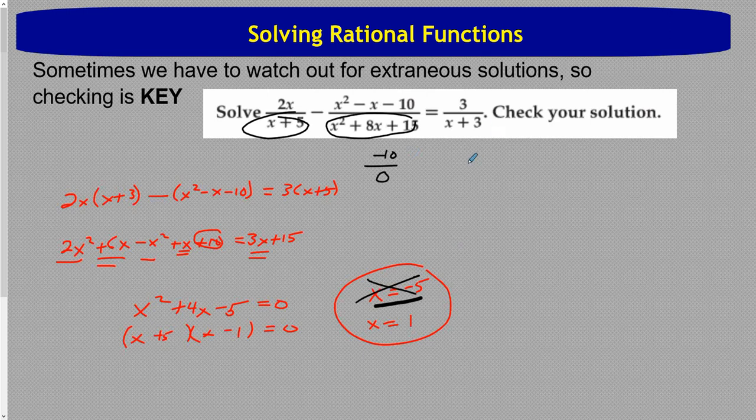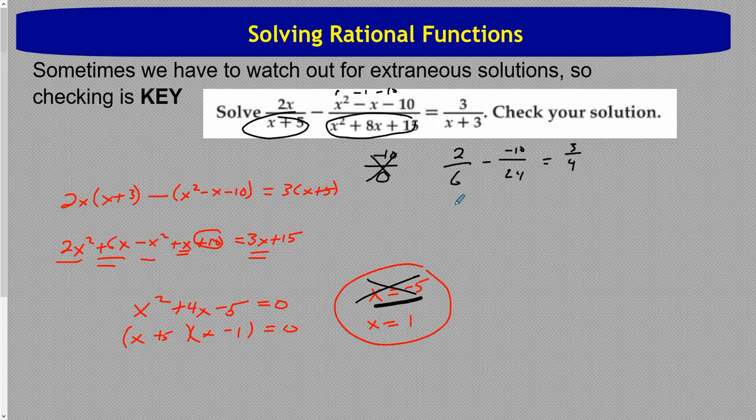If I plug in a 1, we're going to end up with 2 over 6. That looks okay. Minus, let's see, 1 minus 1 minus 10. It'll be negative 10 on top, divided by 1 plus 8 plus 15. 9 plus 15, 24, equals 3 over 4.